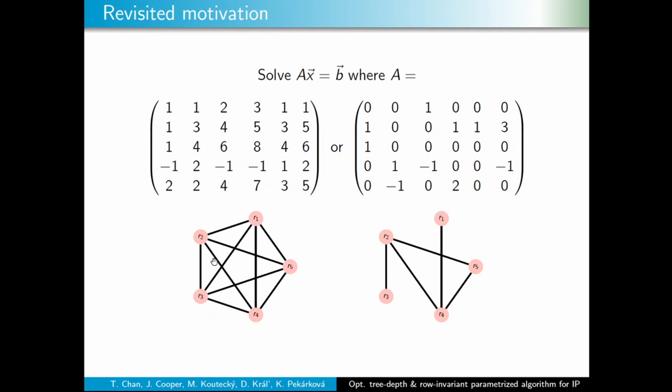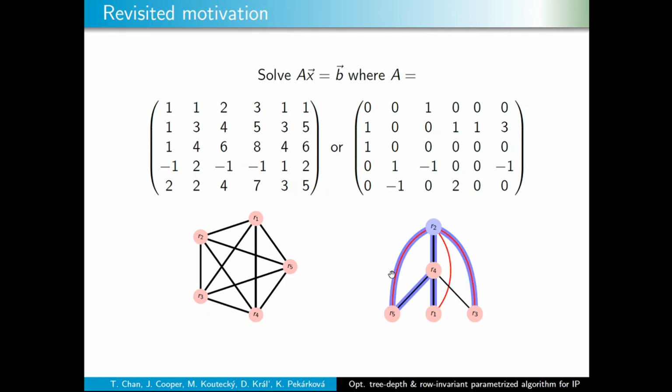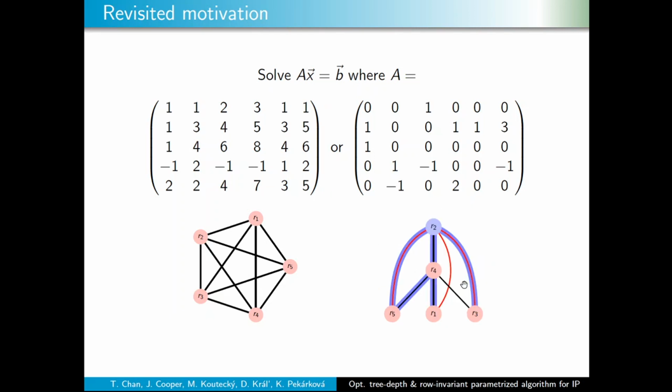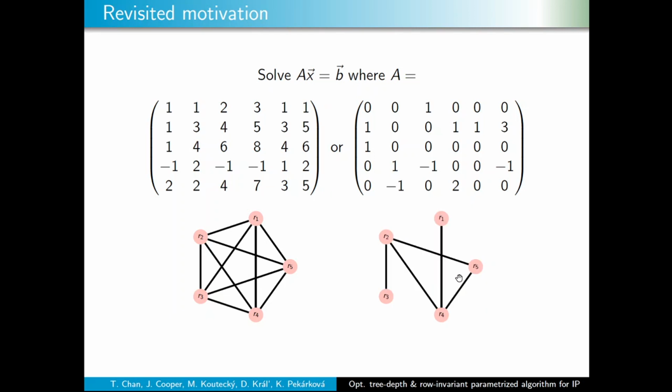But the rightmost graph actually has smaller tree depth. It actually has tree depth 2. So here's a tree whose closure contains this graph as a subgraph. But we can't do any better than this tree because this graph contains a triangle.